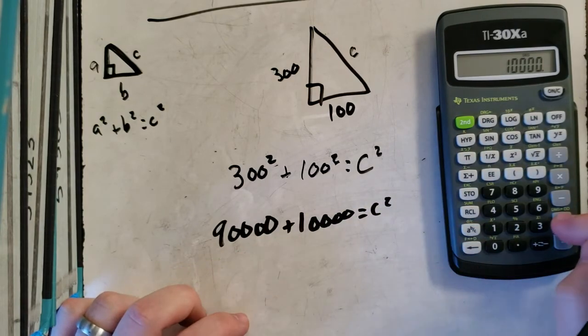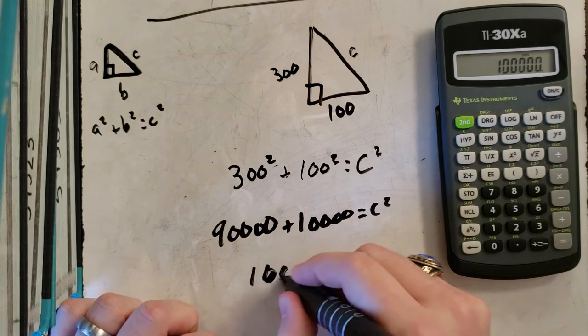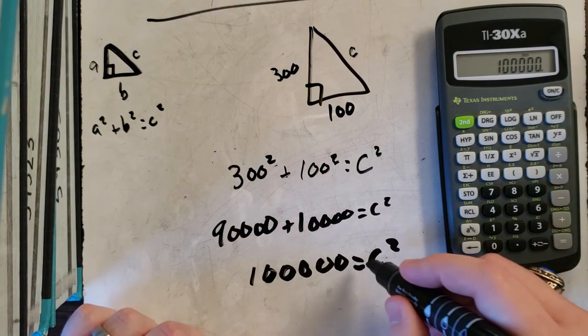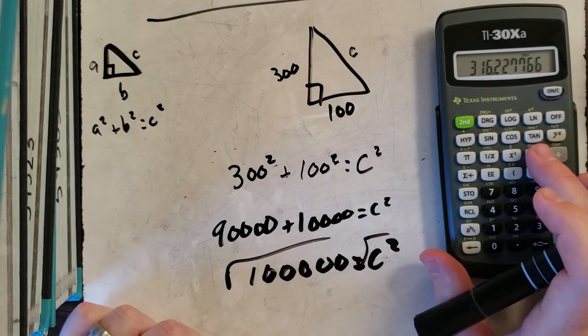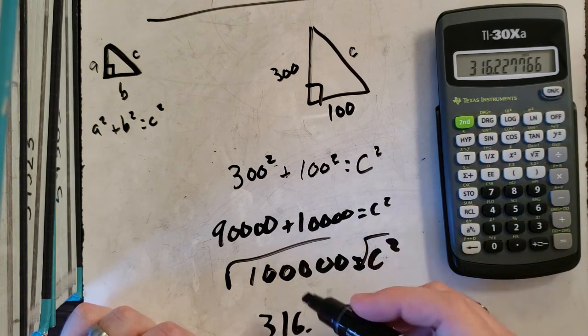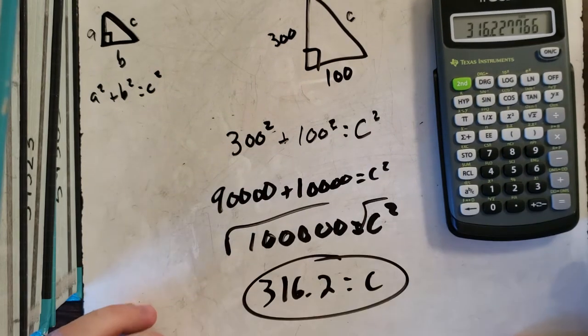Add these two up, 100,000 equals C squared. Last step, square root. We square root that, and you get a decimal, so go ahead and round. 316.2 equals C. And it's easy as that.